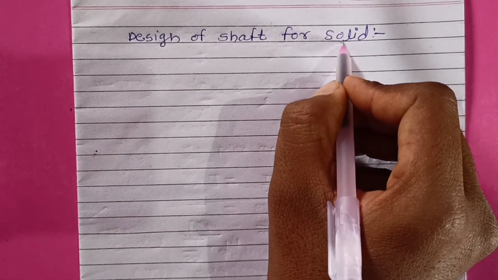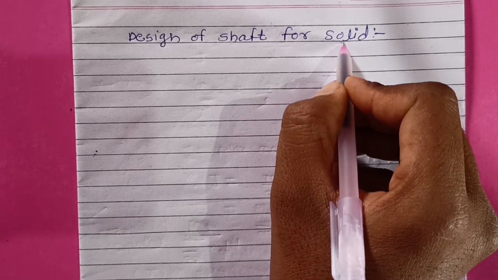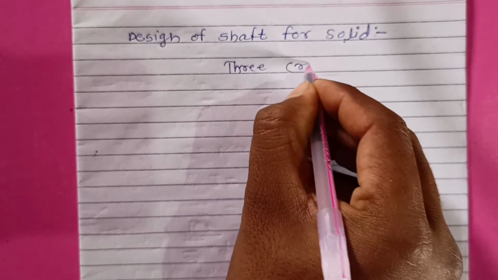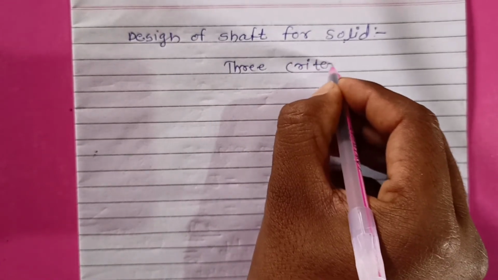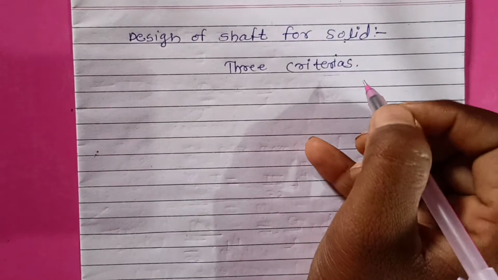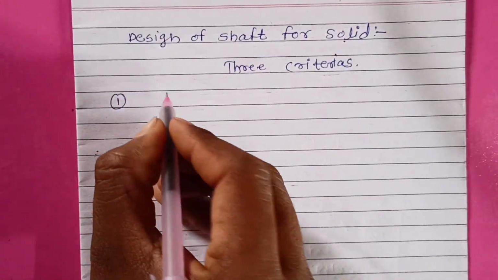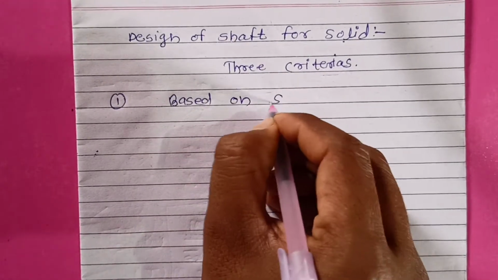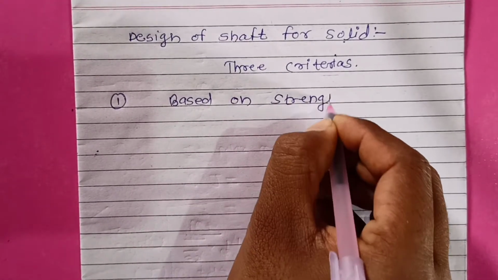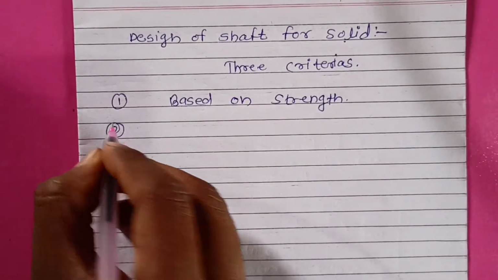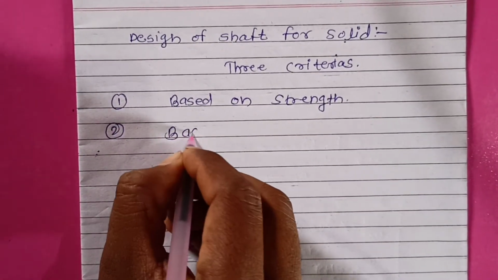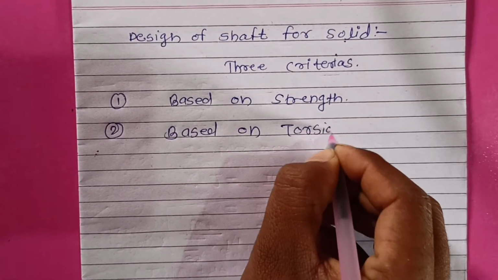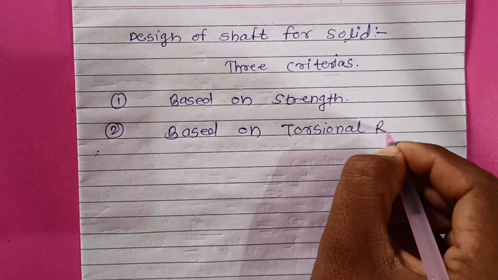The design process of solid shaft will be based on three criteria. How many criteria? Three criteria. First, the design of shaft is based on strength. Second, the design of shaft is based on torsional rigidity.